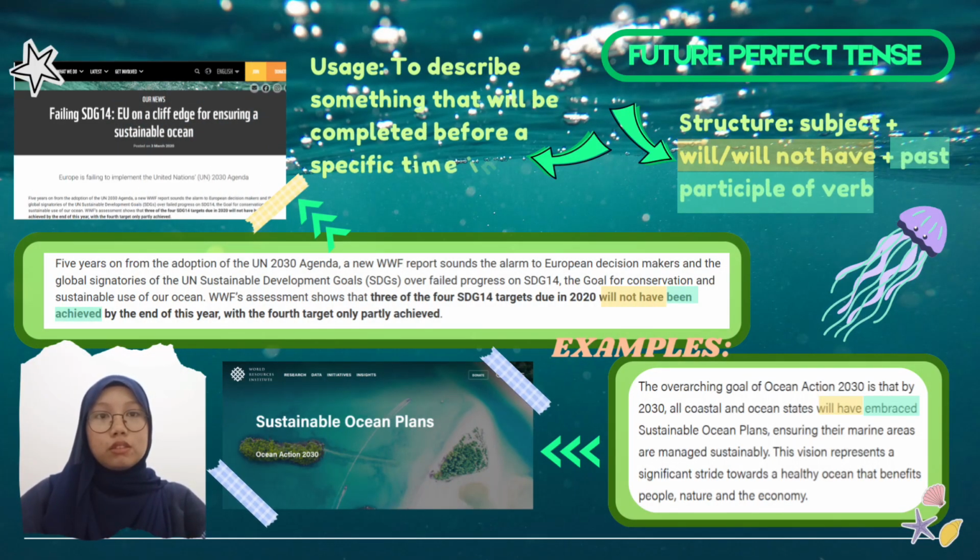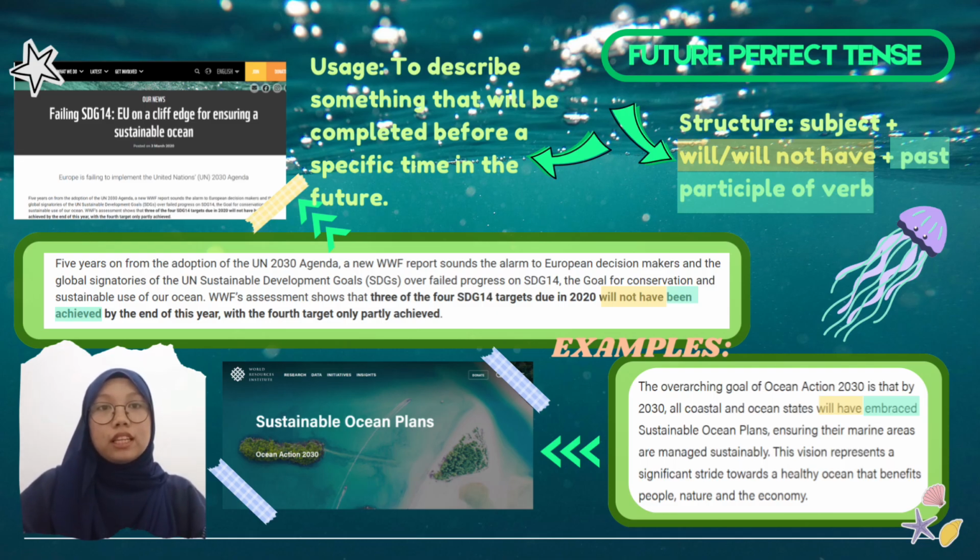This tense is used to describe something that will be completed before a specific time in the future. The structure is subject plus will or will not have plus the past participle of verb. We shall now move to the examples in the slides. So for the first one, the subject is "3 out of 4 SDG 14 targets", which is due in 2020.